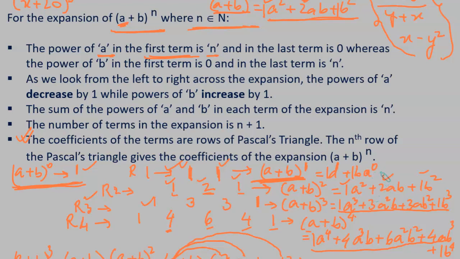Therefore, we do not write this a to the power of 0 explicitly in this term. Okay. So, a is the first term of the binomial expression, and in the expansion, the power of a in the first term is n and in the last term is 0.